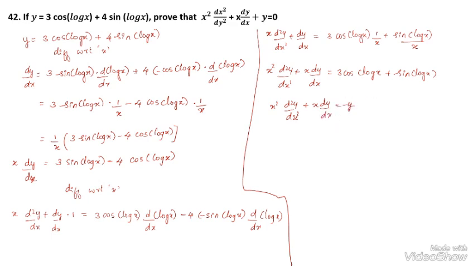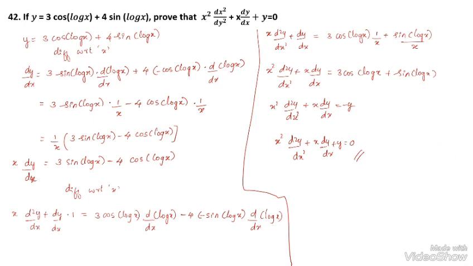Taking minus y on right side, it becomes plus, that is x square d square y by dx square plus x into dy by dx plus y equals to 0. This is the solution of the given problem.